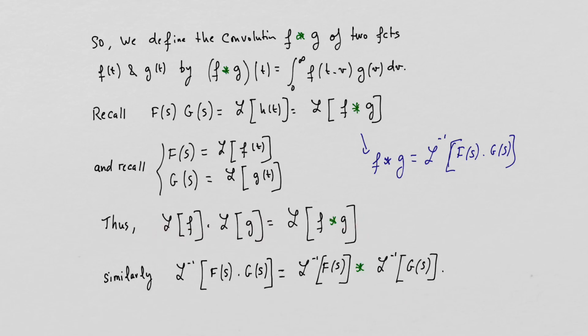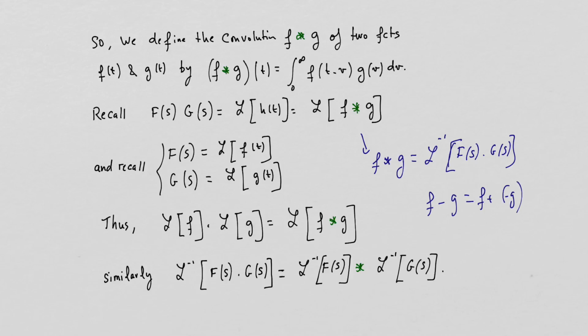Now we know Laplace and inverse Laplace are linear operators. So Laplace of a sum is the sum of Laplace. Inverse Laplace of a sum is the same thing. Same thing with a difference, because a difference is no more than a sum, okay?